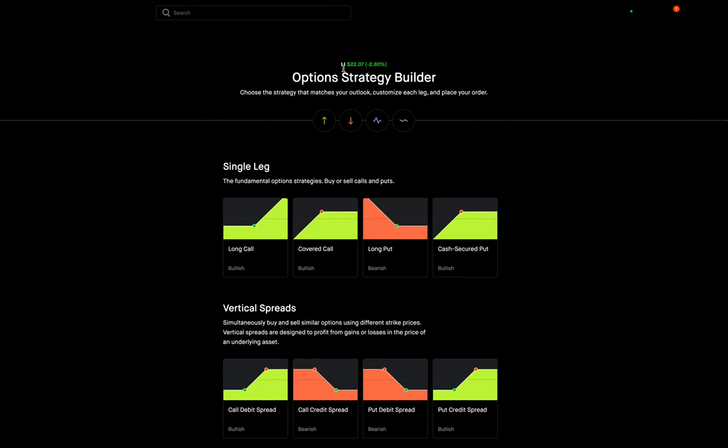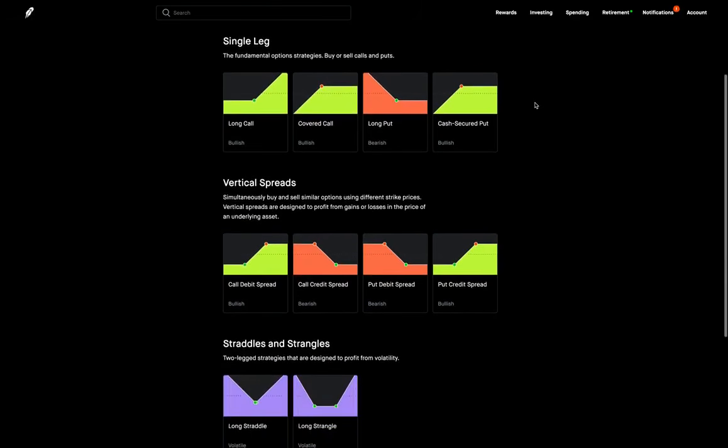Next, I want to find the strategy that we want to use. If I scroll down a little bit, you should see that under vertical spreads, you'll see put credit spread. That's what we want to focus on today. Again, this is a very useful tool, because now I don't have to remember if this is a bullish, bearish, or neutral strategy.